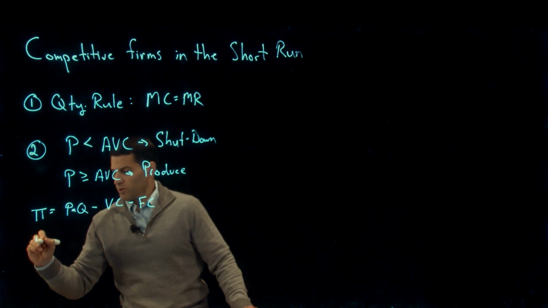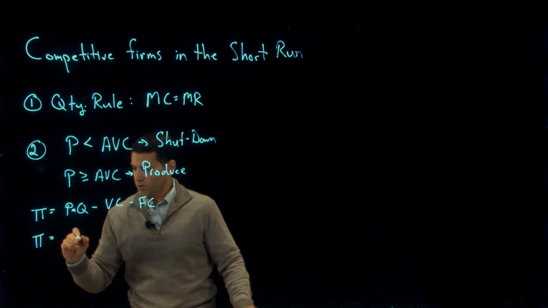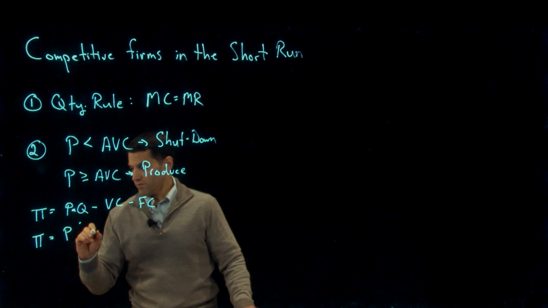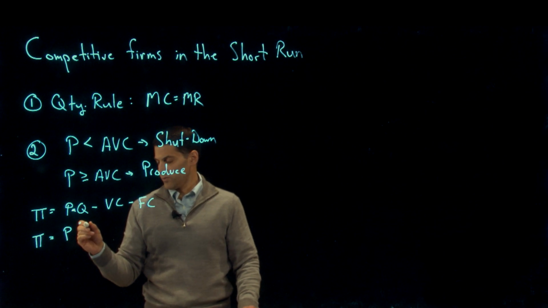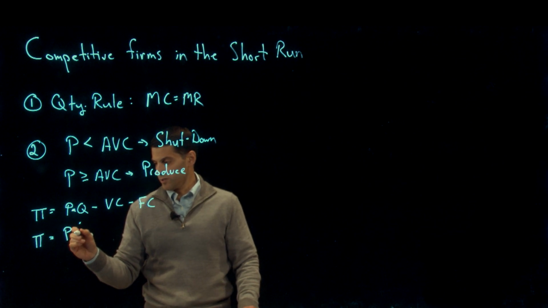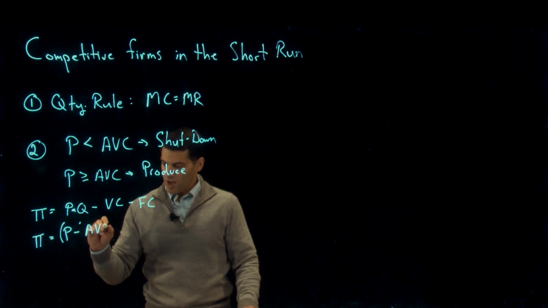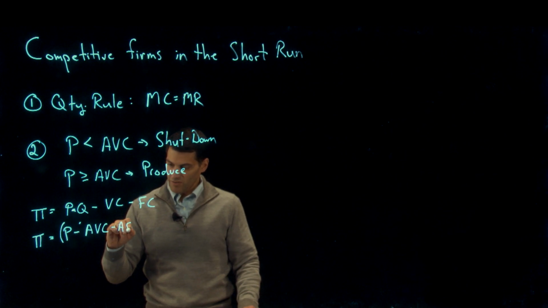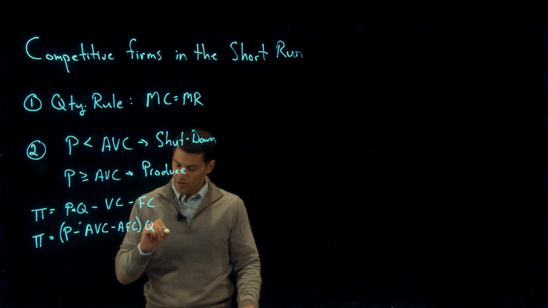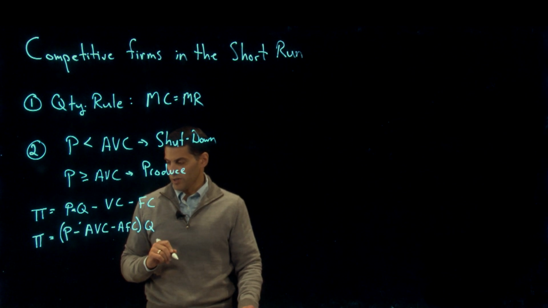And so we can rewrite our profit equation in the following way. We have price minus average variable cost minus average fixed cost, and times our quantity here.